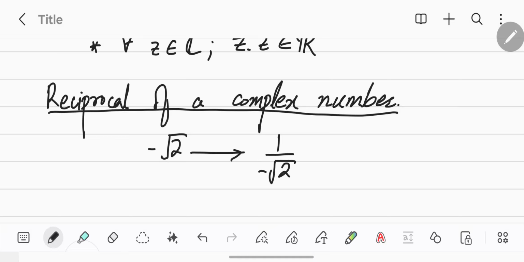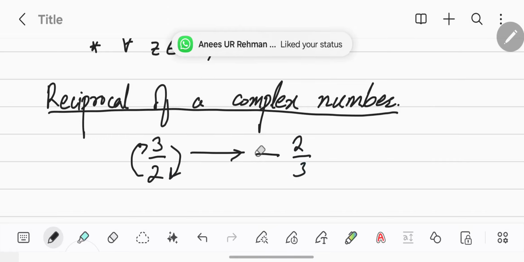That means the reciprocal is obtained by flipping the numerator and the denominator. Similarly, the reciprocal of 3/2: you take this up and that down, 2/3.